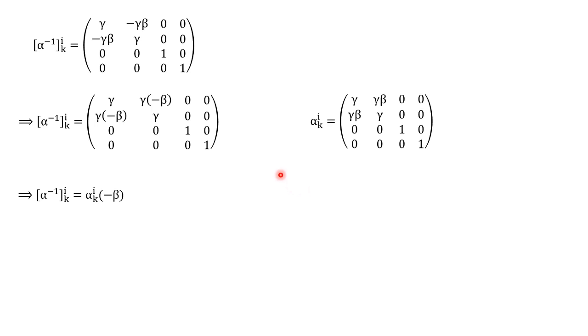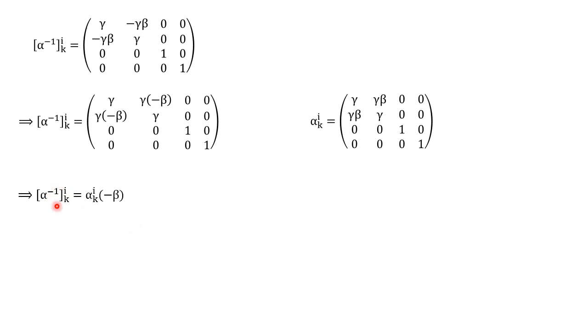Now we'll see that if we replace in this matrix minus beta, it quickly gives us the inverse. So you can clearly see that these two matrices are the same, except for the fact that wherever we have beta, we have replaced it by minus beta. So a simple transformation can be given from the Lorentz matrix to its inverse.